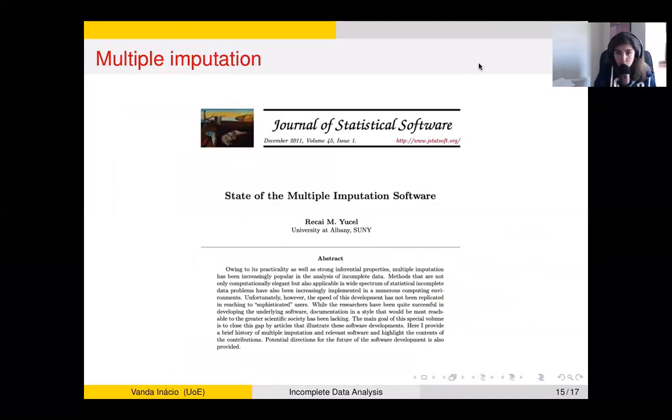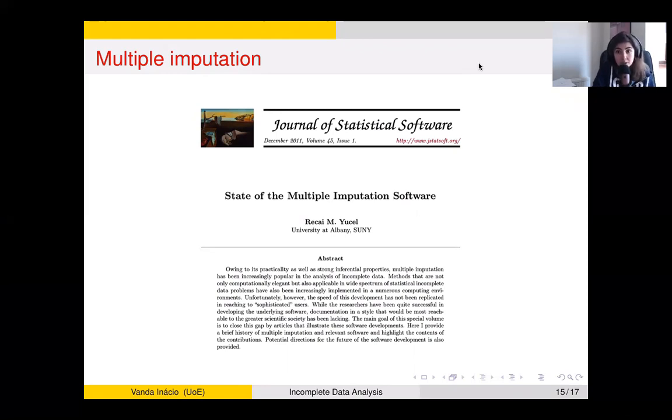This is also a screenshot of the cover of an issue of the Journal of Statistical Software. It is a journal dedicated, as the name says, to statistical software. Nowadays, it's mainly about R packages that were developed. In the past, it also contained some SAS and Stata macros.